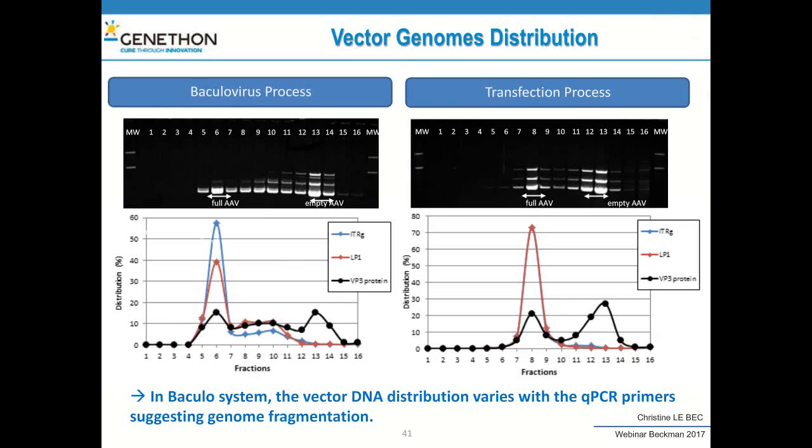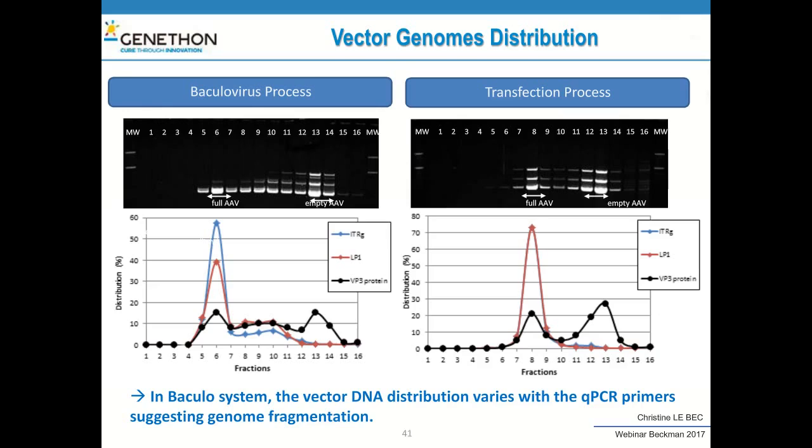We have also analyzed by qPCR by targeting some sequence of the transgene of the genome DNA, just to analyze what is the intermediate species, and in blue by targeting the ITR sequence, and in red by targeting a specific sequence in the transgene.